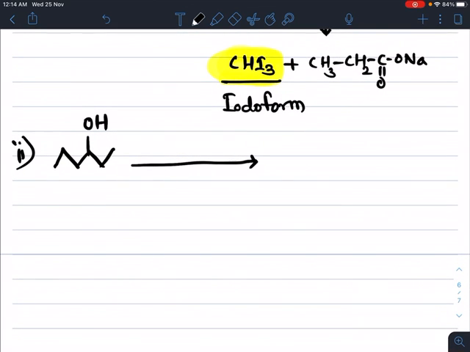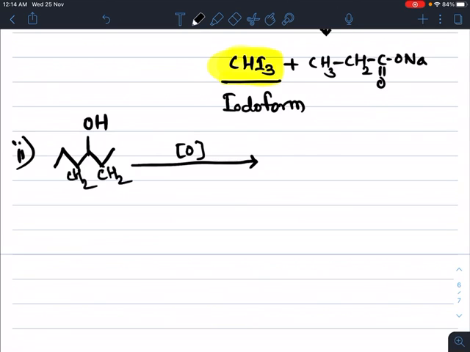If you observe both sides of this OH group, the carbon bonded to the OH group is directly bonded to a CH2 group, and on the other side of the OH group, another CH2 group is present. So no CH3CO group is present when it undergoes oxidation.